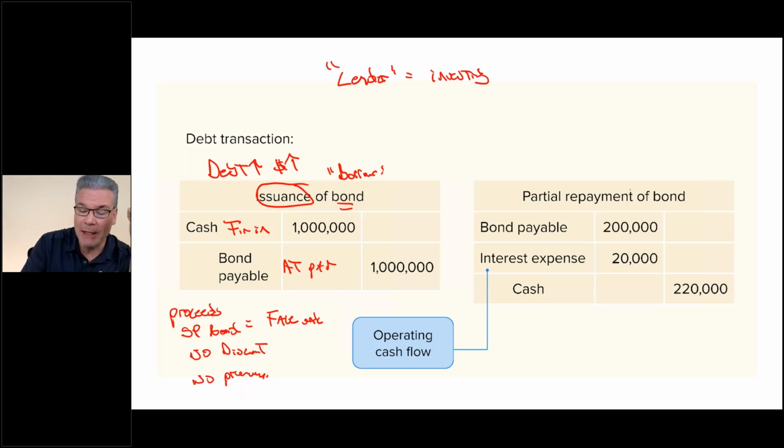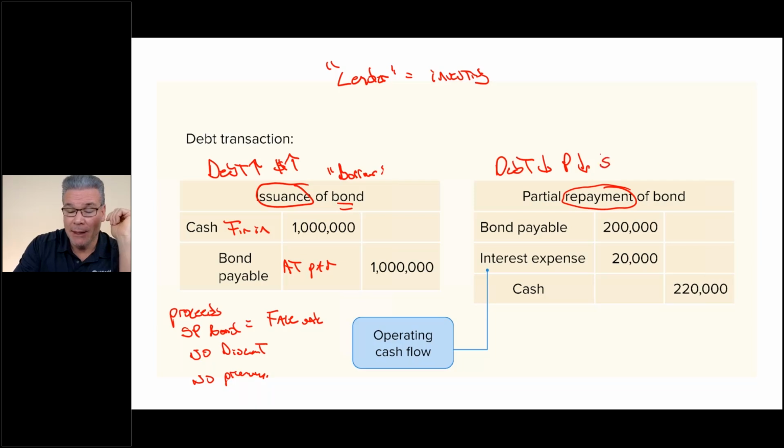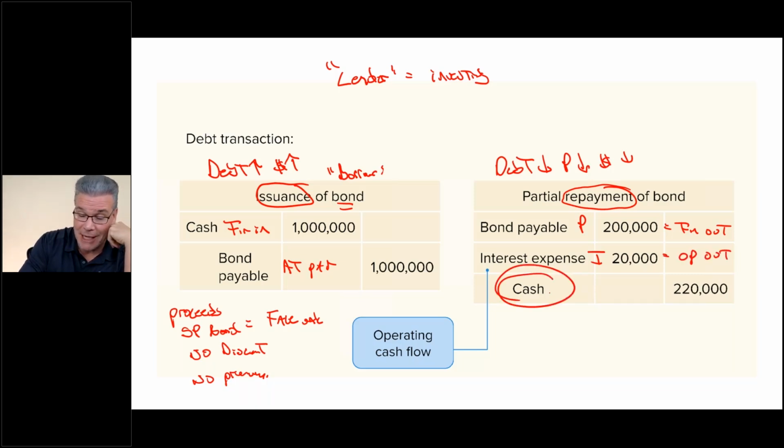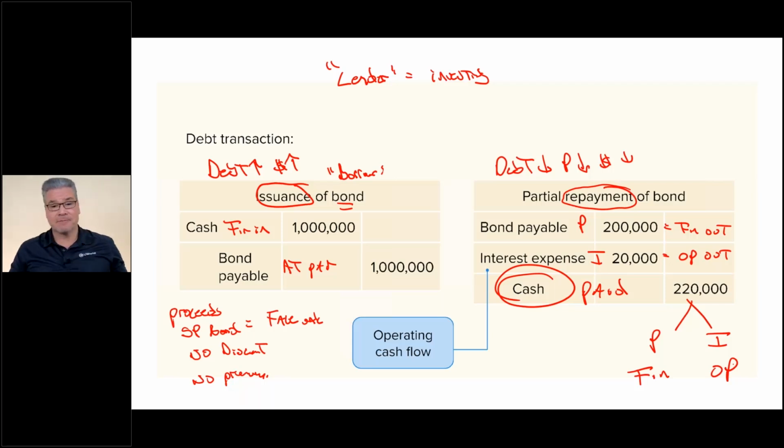When you repay the bond, you've got to be careful. As debt goes down, the principal goes down, cash goes down. So the bond payable principal, that's going to be a financing outflow. The interest paid, that's going to be operating outflow. So you've got to segregate the cash paid between principal, financing, and interest, operating.